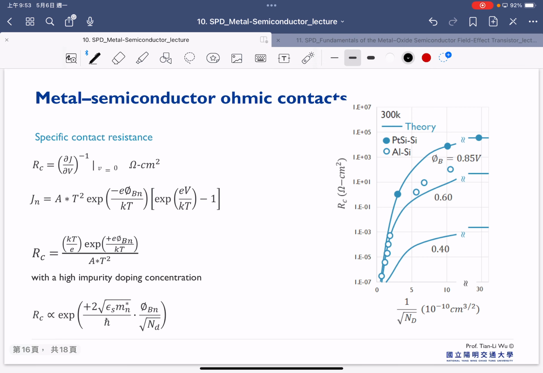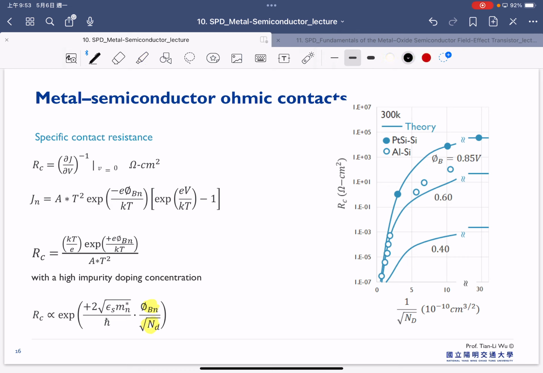Okay, so here's some of the theoretical calculation, but we won't derive it here for you. You can look it up by yourself. And the conclusion is that the contact resistance is correlated with phi_BN, the barrier height, and also the concentration.